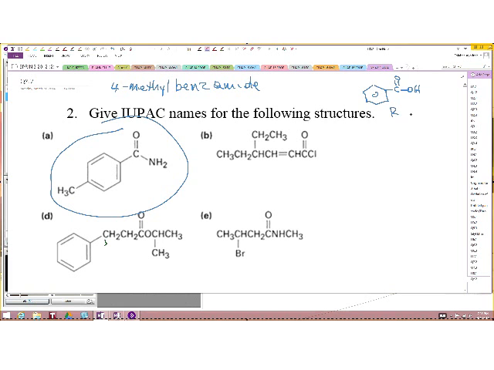You've got to know that. This is benzoic acid, and therefore this will be a derivative of benzoic acid.